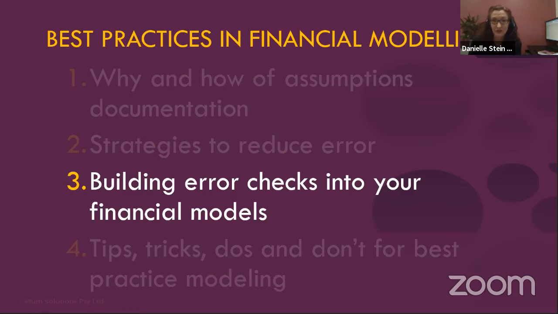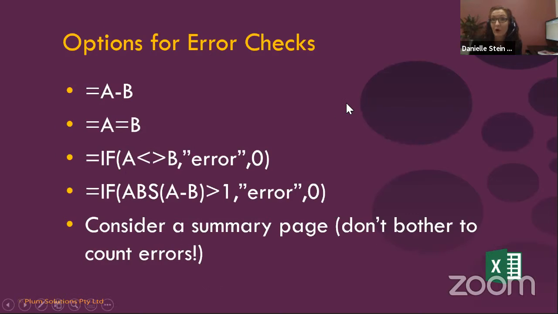I think I'll just show you perhaps a couple more examples of error checks, because it is an important part of financial modelling. The options for building error checks are to just basically say one cell minus the other, or you could do cell equals equals, and that will give you a true false.